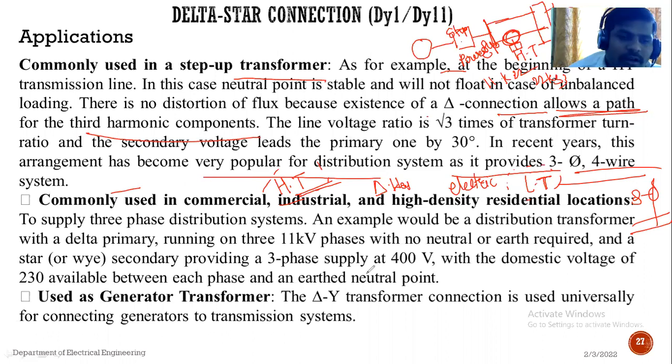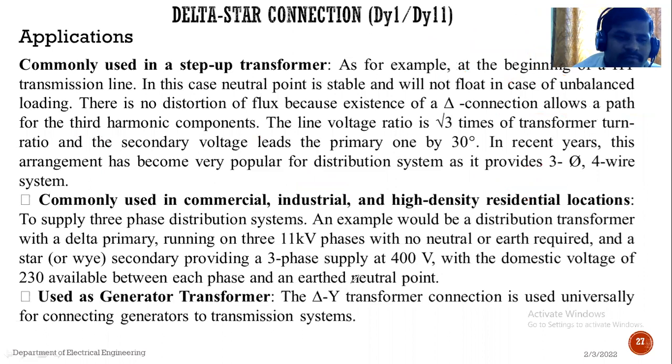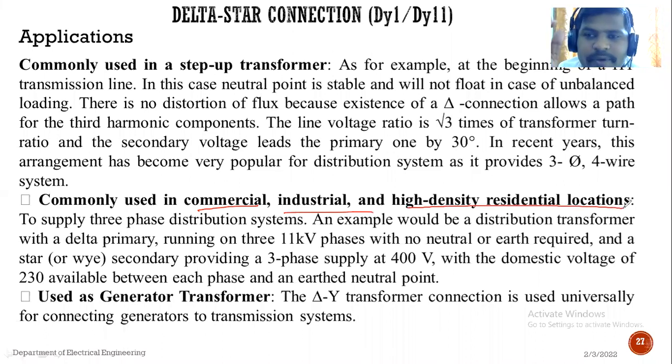Now the applications: it is commonly used in commercial, industrial and high density residential locations. Commercial purpose, or it may be the agriculture field. Industrial has single phase load as well as 3-phase load. And it is used in high density residential locations.